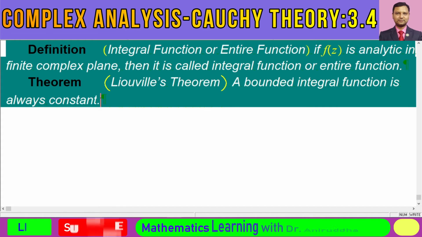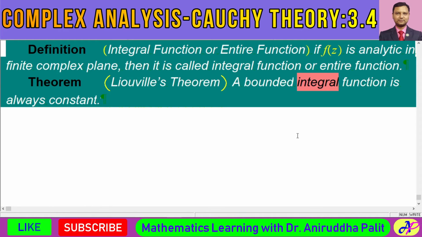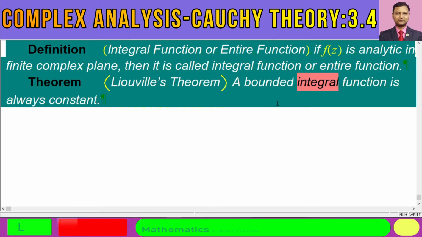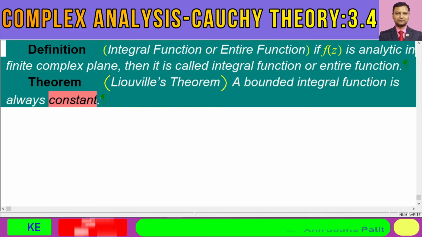All right. This theorem says that if we have an integral function, meaning a function which is analytic in the finite complex plane, now, if that function is bounded, then that function must be a constant one.